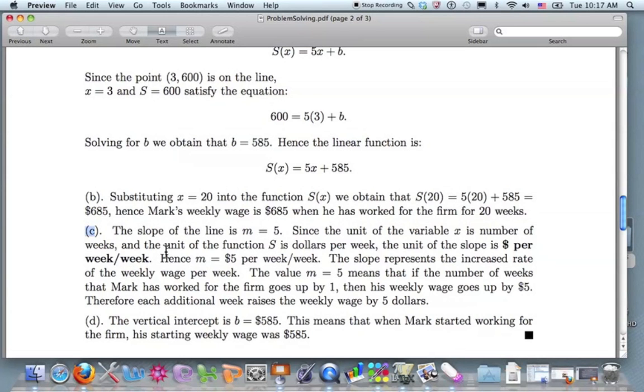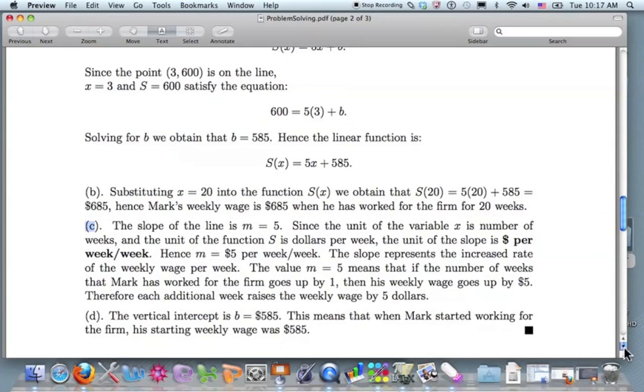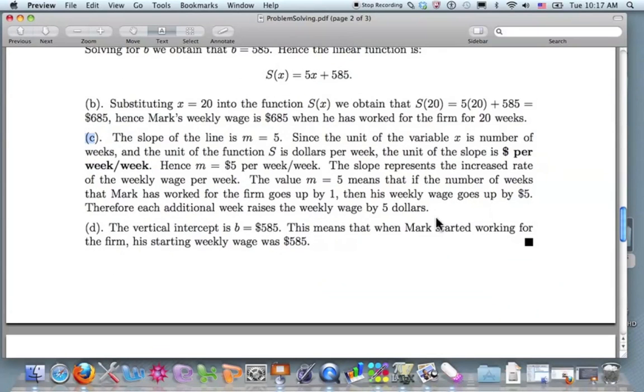So we have dollars per week. If we say this is the weekly wage, there's not much confusion. How do we explain that value of 5?